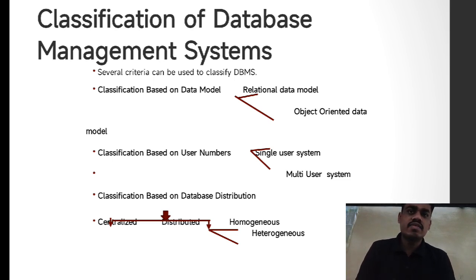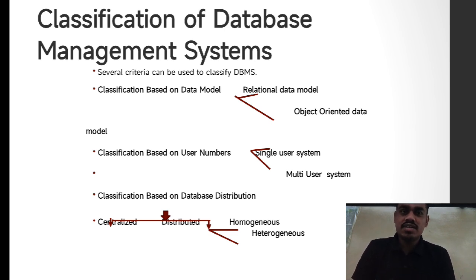And here we will see the classification of database management systems. First, classification based on data model. There are two types of data model: the first one is the relational data model and the second one is the object-oriented data model. The second classification is based on the number of users: single-user system and multi-user system.